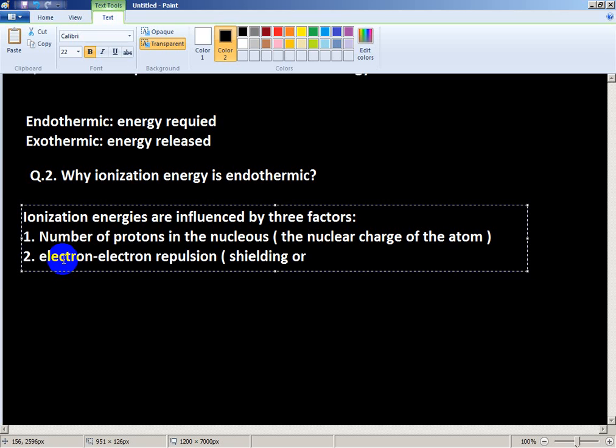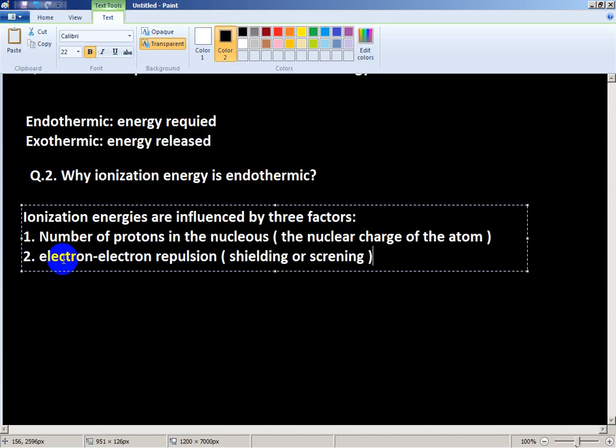So this is called shield protection. Shielding is also known as screening. Electron repulsion is the shielding or screening effect.